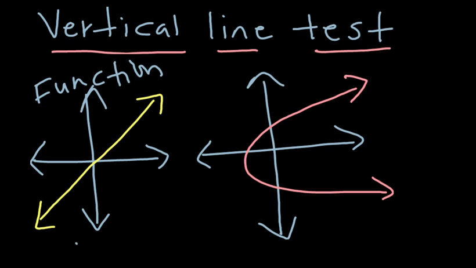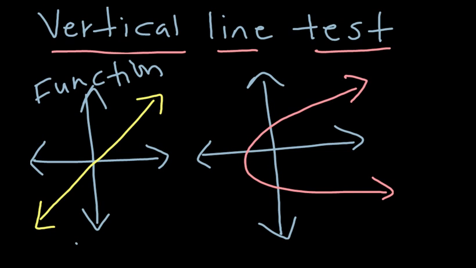Now let's look at the other one, the pink curvy line, which is actually called a parabola. Okay, if I run a vertical line on this graph, does it touch the pink parabola in more than one spot at a time? Well, yeah, look, here's a vertical line. It touches here and here. Vertical line touches 2 points.